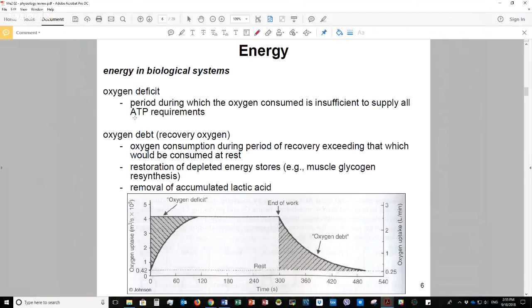So over time, we can develop an oxygen deficit. If you look at the graph down here, you can see this time scale. If we were to start exercise or workout, you can see the oxygen deficit building over time for the amount of oxygen we're lacking, but we need. And we get to a point here where it's a complete deficit.